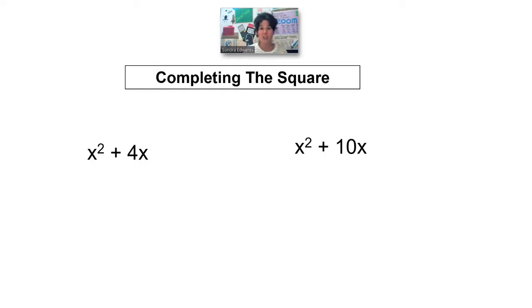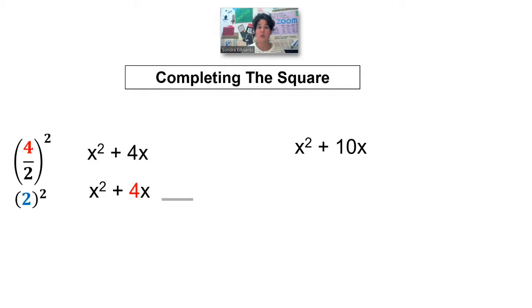Applying what we just observed, what would the c be? Well, we would want to take the 4 and divide that 4 by 2 and square it. So when you take 4 divided by 2, you get 2, and squaring it, you get 4. So putting a 4 there would make that a perfect square.